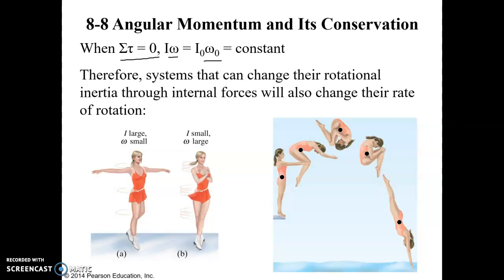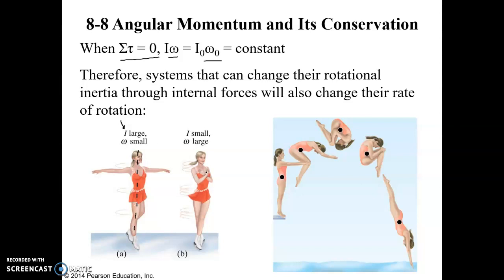Some situations where we can change the moment of inertia and yet conserve momentum is like when a figure skater is spinning around and the weight of her arms is distributed farther away from the axis of rotation.